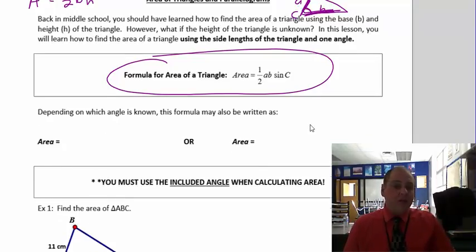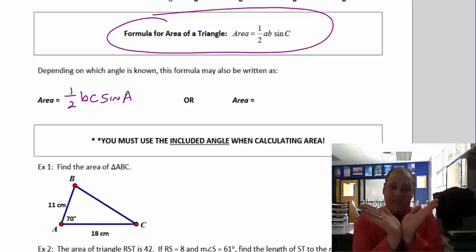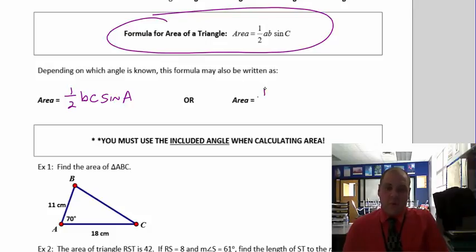Now, depending on which angle is known, it may not be these letters. These letters can change. Another way to write this could be 1/2 BC, and then it would be sine A, because if you have sides B and C, the angle in between them is going to be A. If you have sides A and C, say it was 1/2 AC, then it would be times the sine of B. If you have sides A and C, angle B is the angle in between.